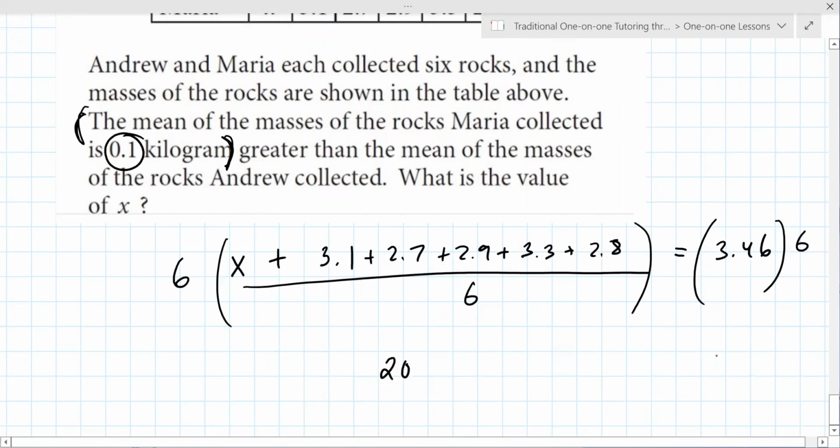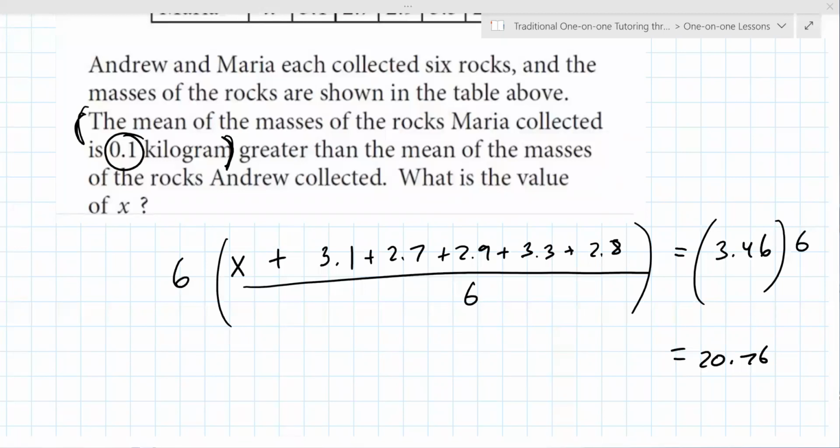Okay, and then on the left side, I want you to add up those numbers and subtract and get your answer. I got 14.8. So it's x plus 14.8?